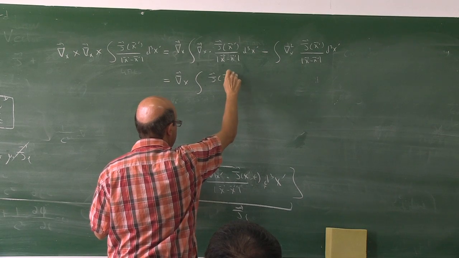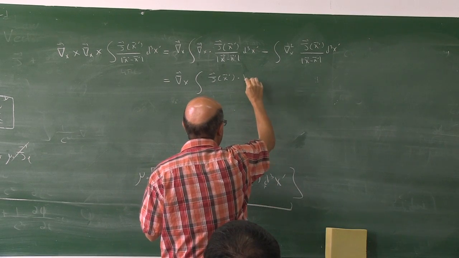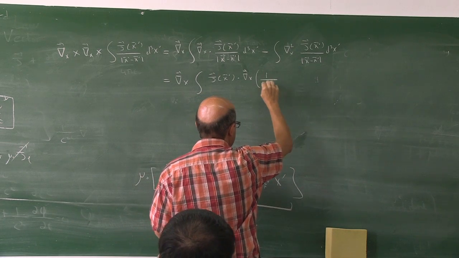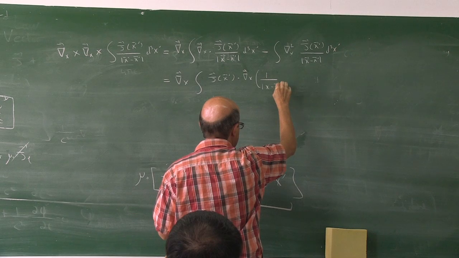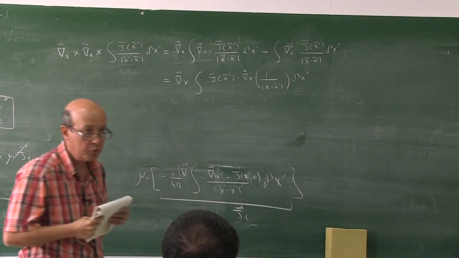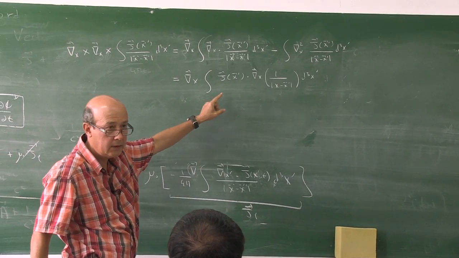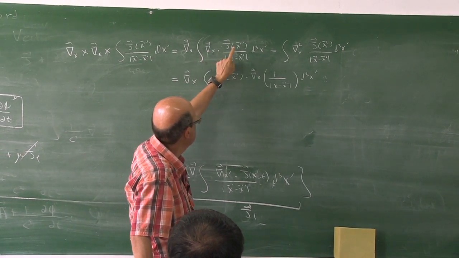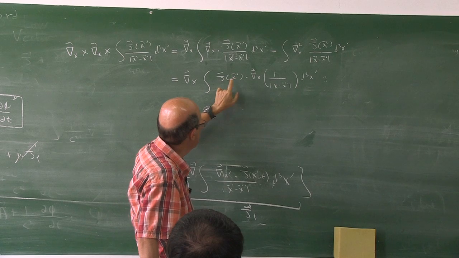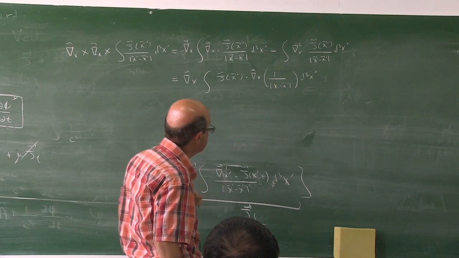Current density dot product gradient with respect to x of 1 over x minus x prime d cube x prime. Do you agree? Because this x doesn't see this, and that is equal to current density dot product gradient of x minus x prime.